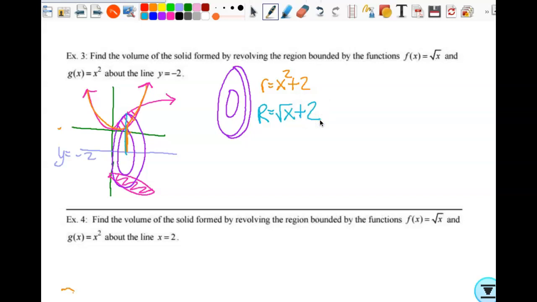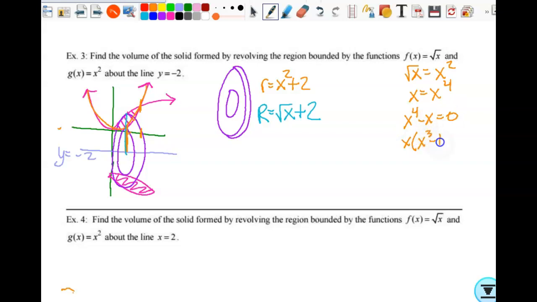Okay, so the other thing we have to figure out are our limits of integration. We know we start at 0, but we don't know what the b is. So our a is 0, basically. We don't know what b is. So we got to figure out where they intersect. So I have to take the square root of x and set it equal to x squared, right? So can we square both sides? And I get x equals x to the 4th. So x to the 4th minus x equals 0.